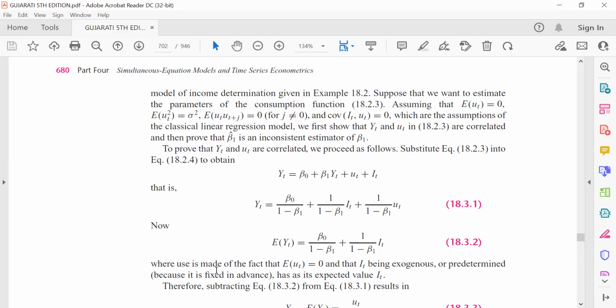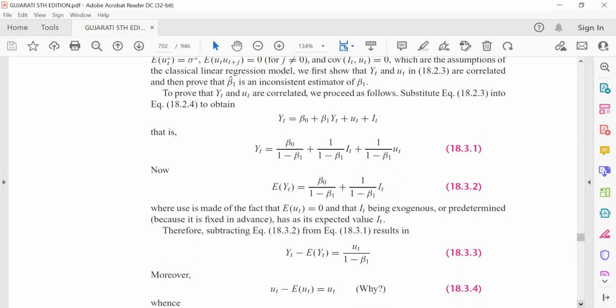Okay, and now we subtract equation 18.32 from equation 18.31. So we get this one.